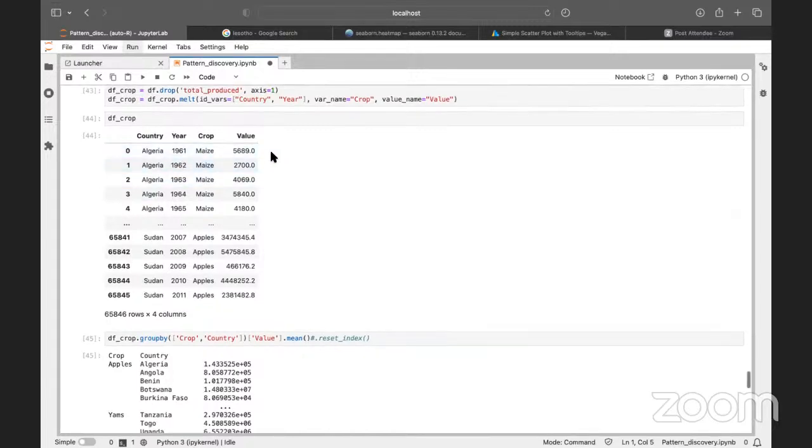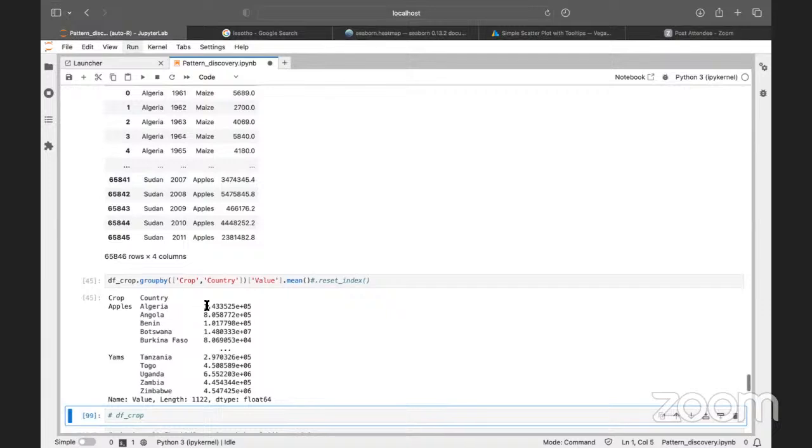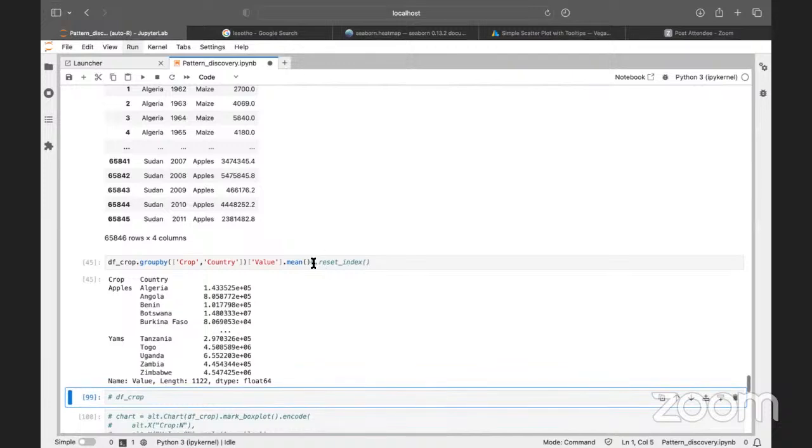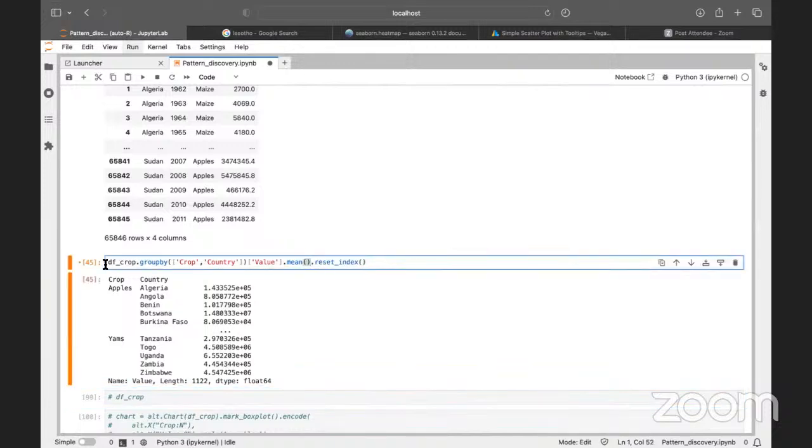This just gives me all the years aggregated, giving us the sum per country. So now we'll go ahead and reset the index, because we want to get rid of the multi-index and keep this as a data frame with a single index.